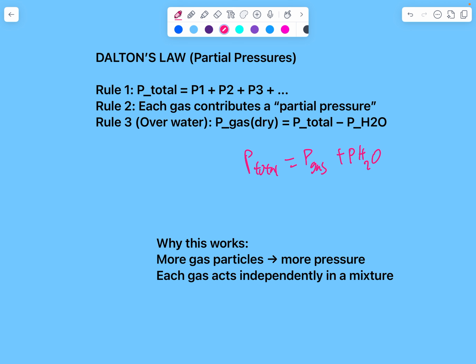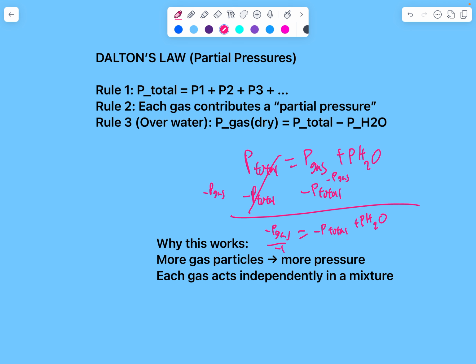And so you could say, okay, if I subtract P total on both sides, but then I subtract P gas, you have negative P gas equals negative P total plus PH2O.